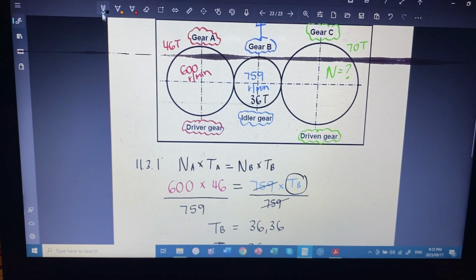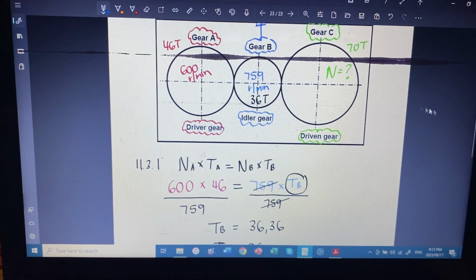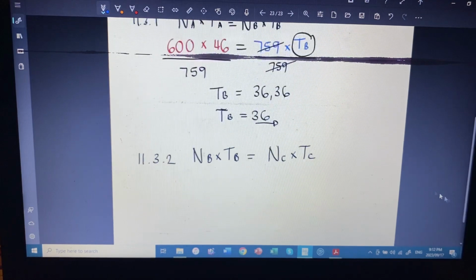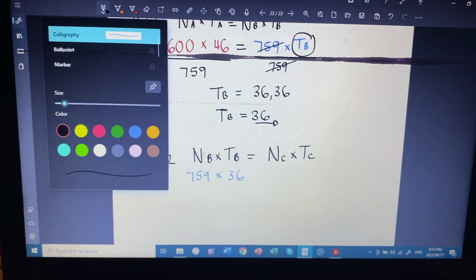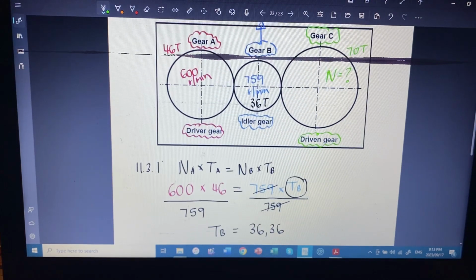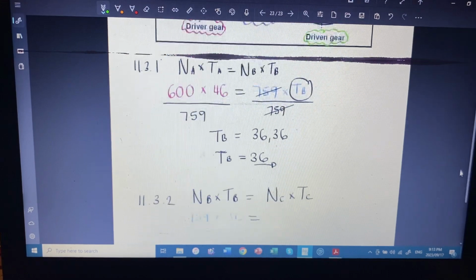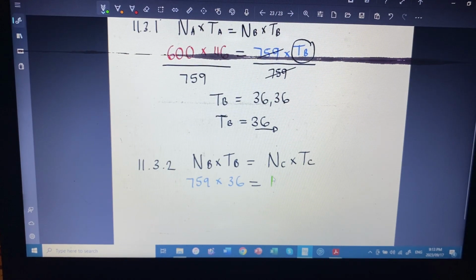Now my rotational frequency of B is 759 and the number of teeth is 36. Then equals to, for my gear C, I've only got the number of teeth and I don't have the N. So I'm just going to say NC because that's the unknown times the 70 teeth.